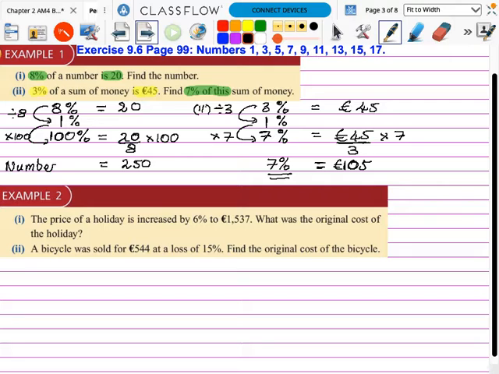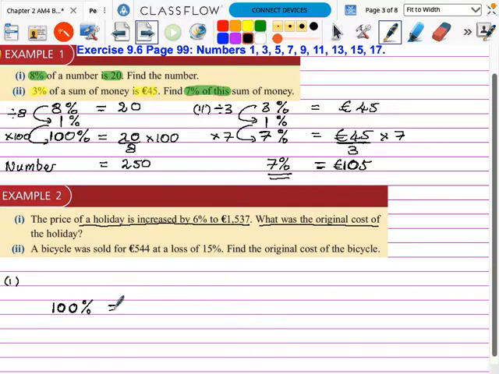The price of a holiday is increased by 6% to 1537 euros. What was the original cost? Well, for part 1, percentage terms, the original cost is always 100%.